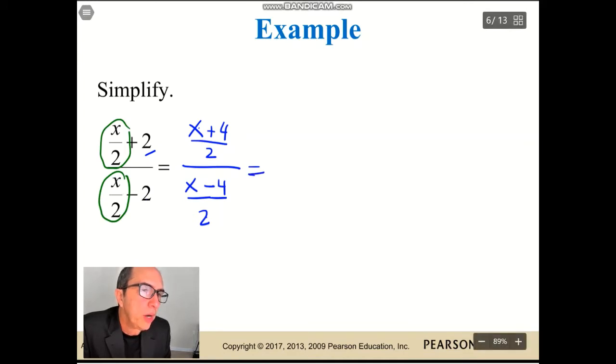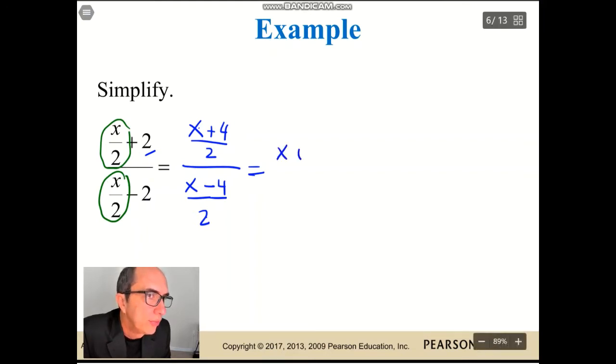We will rewrite this as multiplication. Remember last section we learned how to divide rational expressions, transforming it into multiplication.